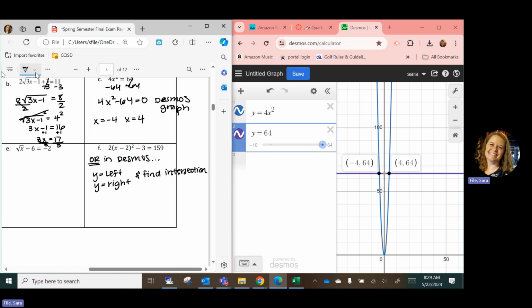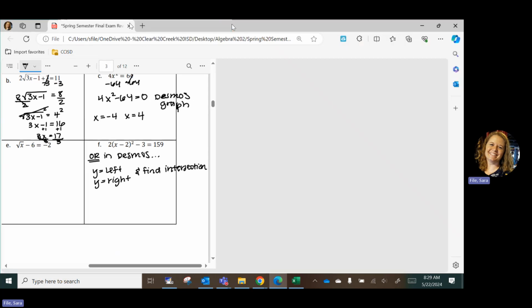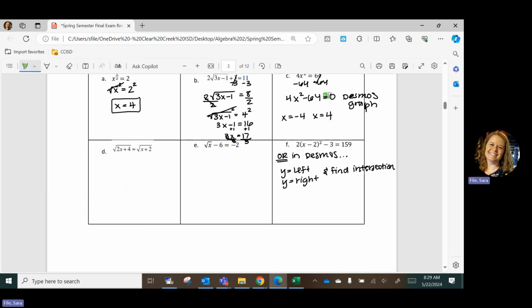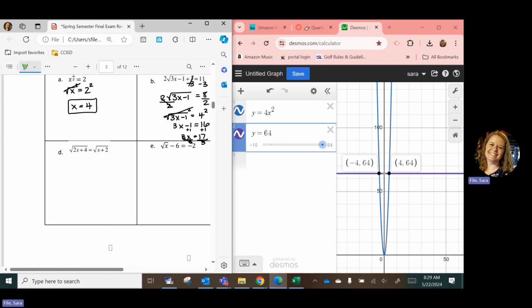So these are your two options for solving this in Desmos. You can set equal to 0 and look at the Desmos graph and find your x-intercepts. Or you can set y equals the left side, y equals the right side, and find where they intersect. So that's what I'm going to do here.